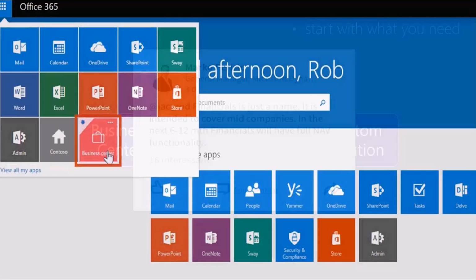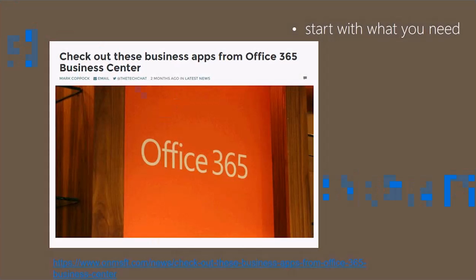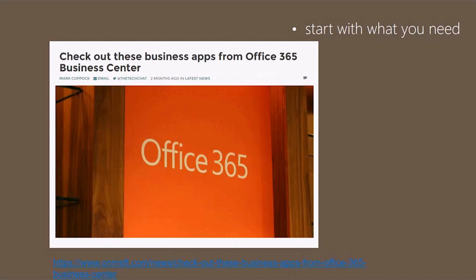Well, I was just talking about the Business Center. So if you would open your Office 365 portal in the US or Canada, some customers have gotten the extra tile called Business Center. And in the Business Center, there's a few apps in there. And this is the link to the official press release, so you can read it for yourselves as well.